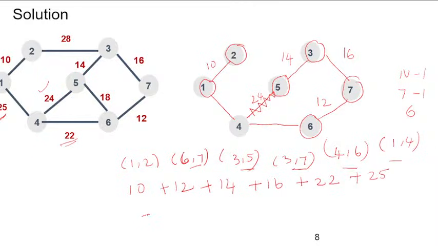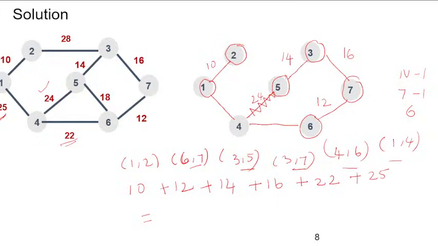And what is the minimum total cost? See here, if you add this, you will get 10, 22, 32, 36, 40, 50, 70, 72.